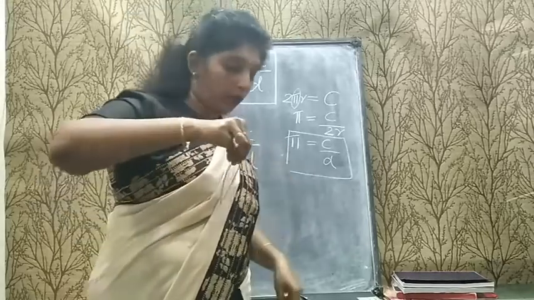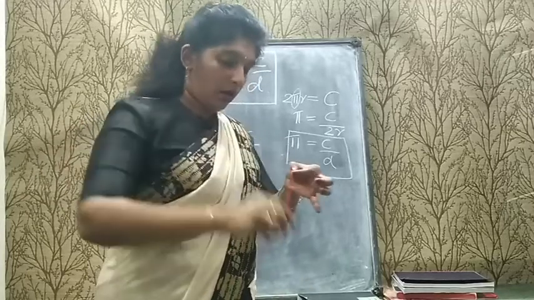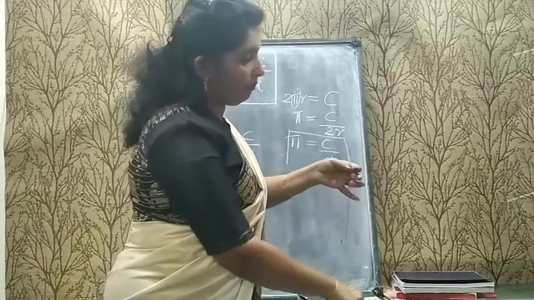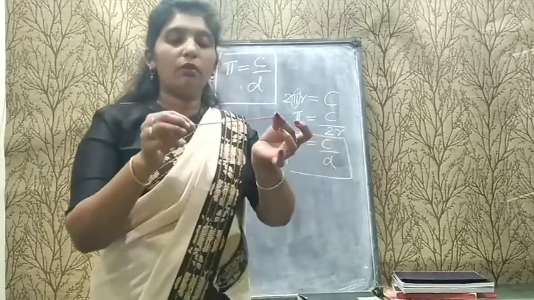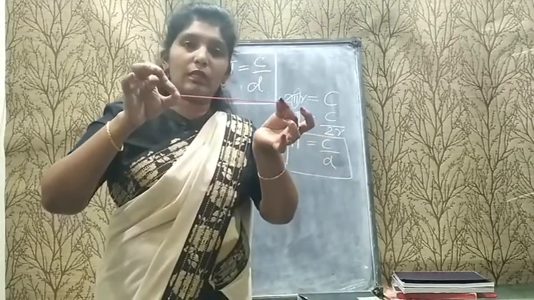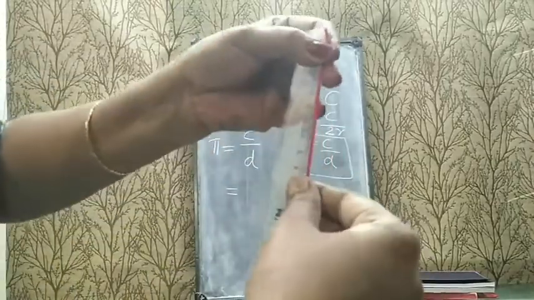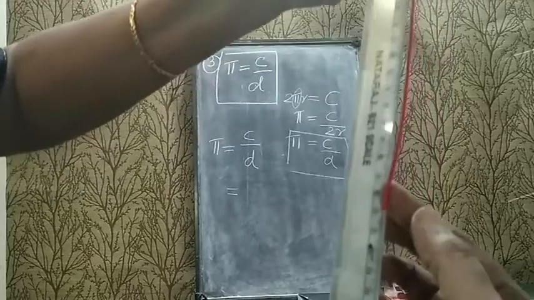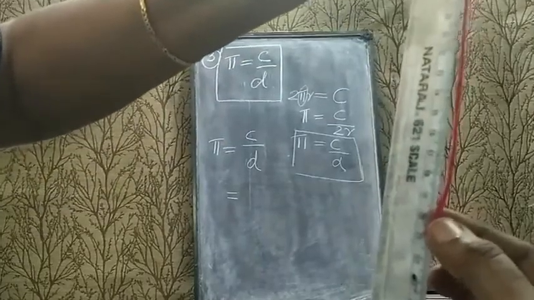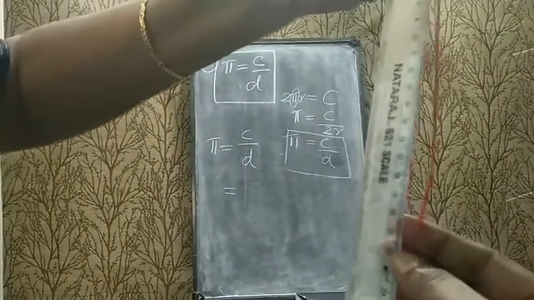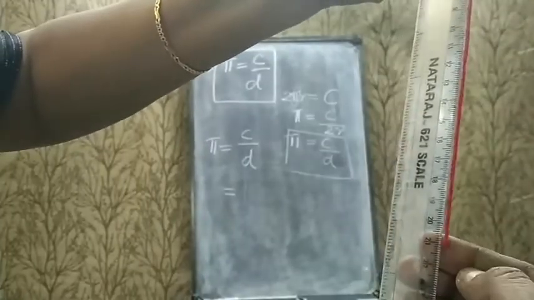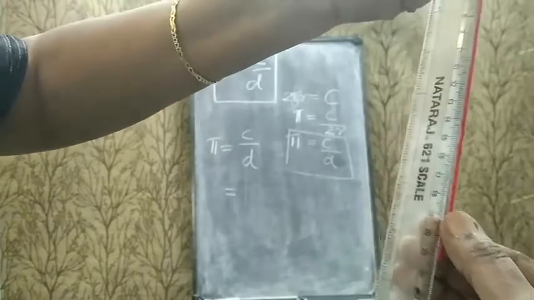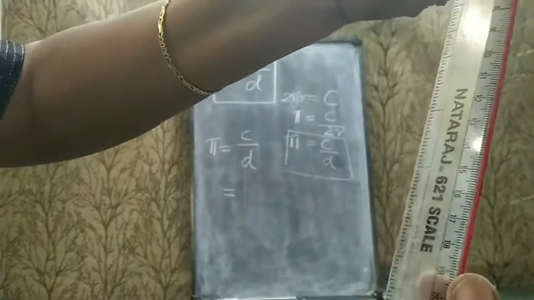Okay, now what I will do? The remaining part I will cut. So now this length is equal to the circumference of the circle. Are you able to see? The length of the thread is 21, yes, you see it is in between 21.2 and 21.3.